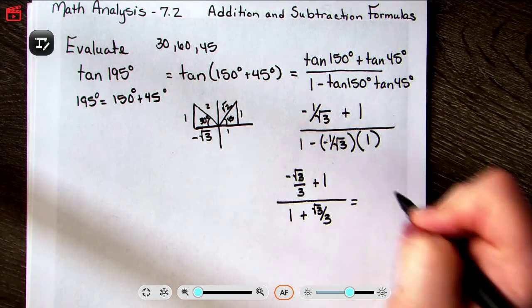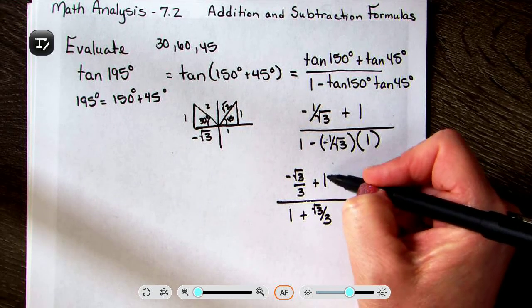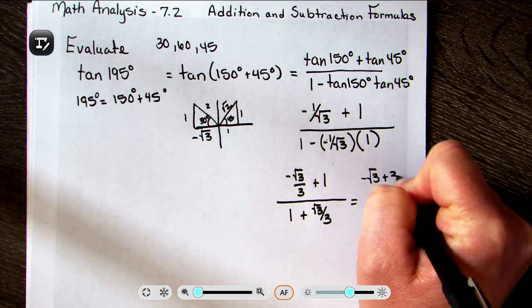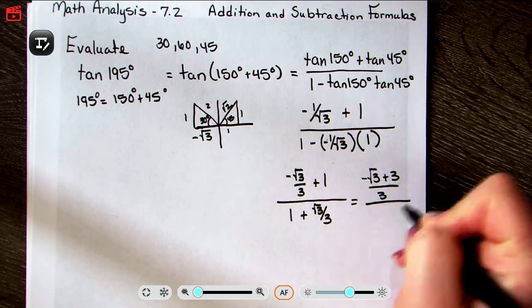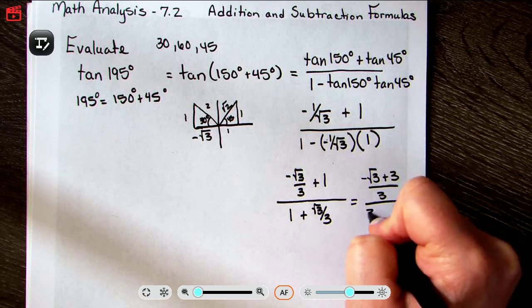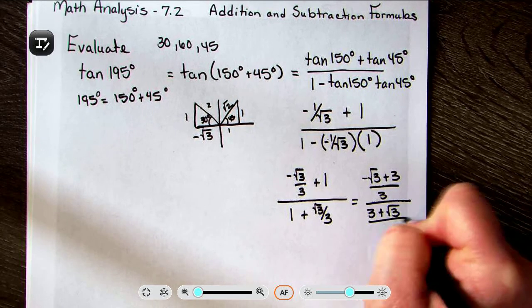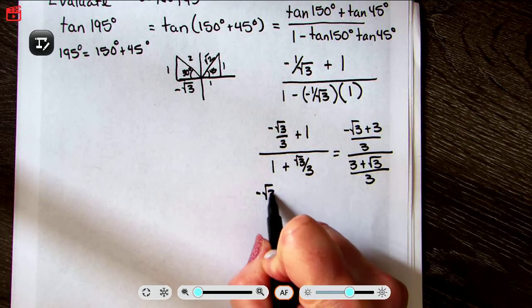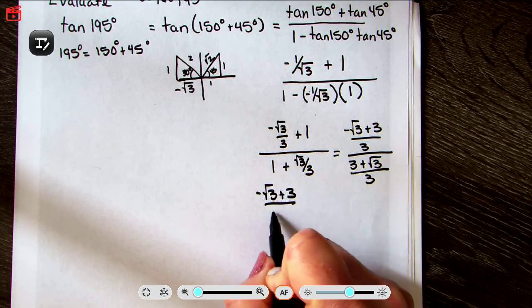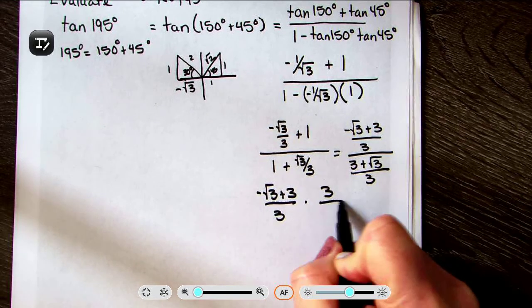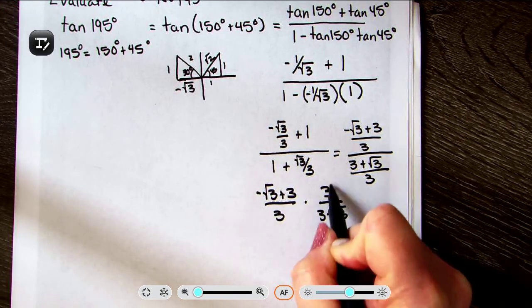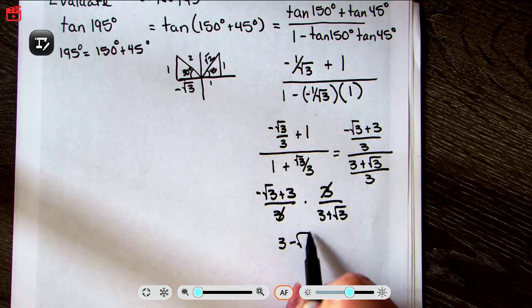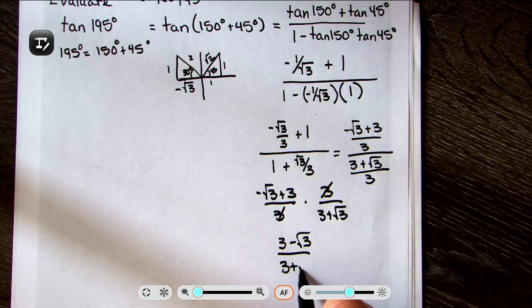Combining and getting common denominators, I'm going to write this as 3 over 3. So this would be negative square root of 3 plus 3 all over 3, all over a common denominator. Inverting and multiplying, those 3's cancel, and I'm going to rearrange the order there. So 3 minus the square root of 3 all over 3 plus the square root of 3.